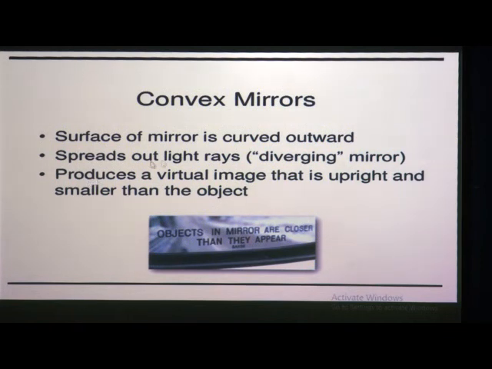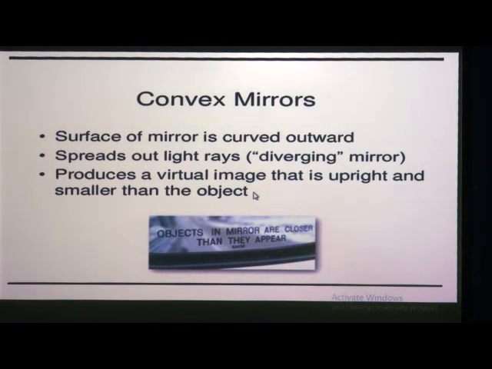It spreads out light rays. This convex mirror is also known as a diverging mirror because whatever light comes towards it, those light rays are going to spread. That is why it is called a diverging mirror. It produces a virtual image that is upright and smaller than the object.